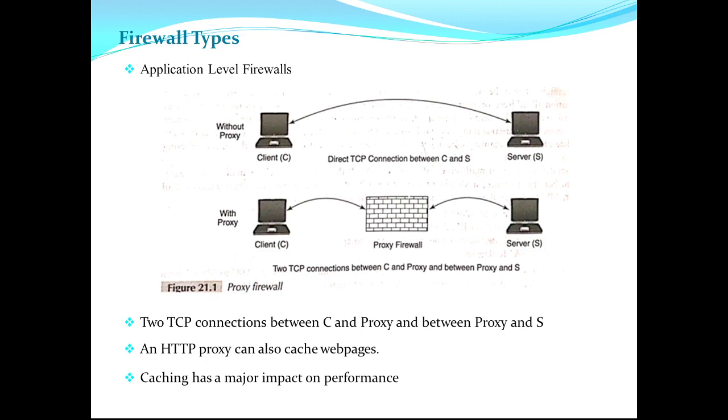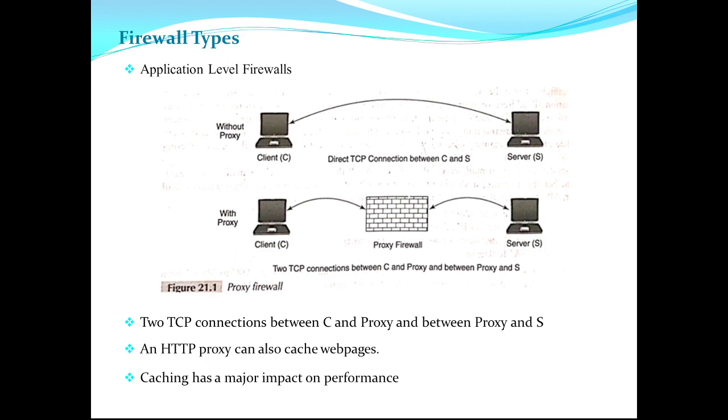For the first case, without proxy, there is a direct TCP connection between client and server. Next is with proxy, where there is a proxy firewall in the center, acting as client for the server and server for the client. So it does the necessary inspection before it communicates the required packets.